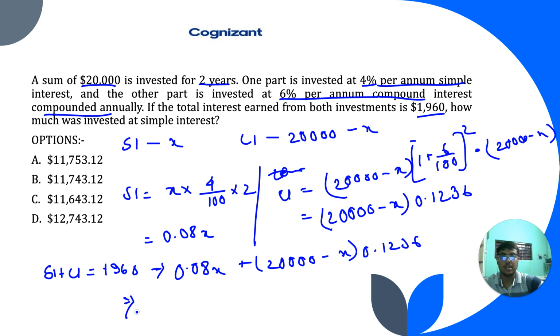So if we calculate it, we'll have 0.08 minus 0.1236 times x, which would be equal to 1960. So let me first calculate this 20,000 into 0.1236.